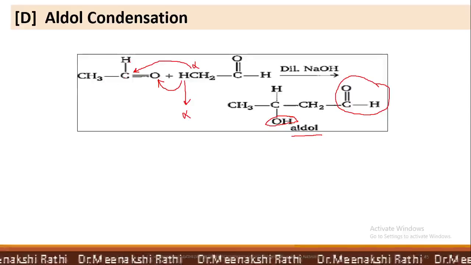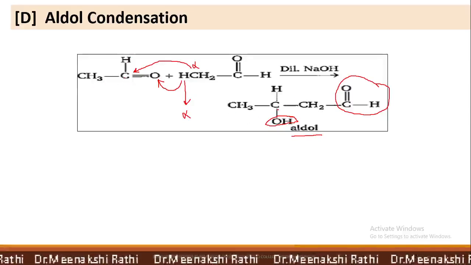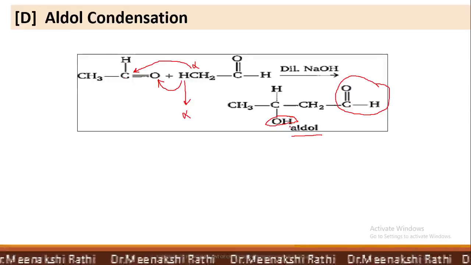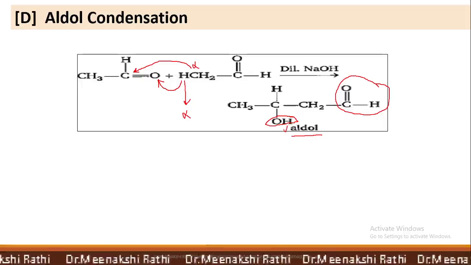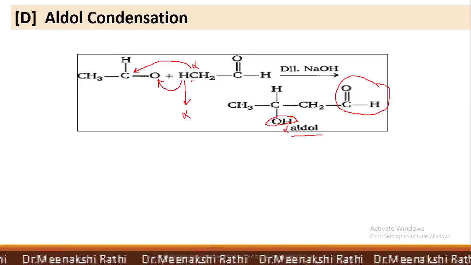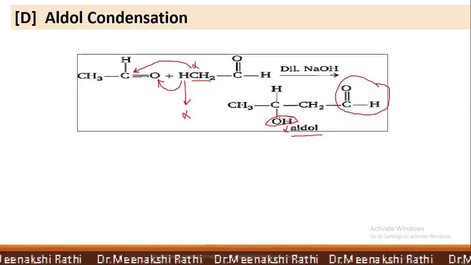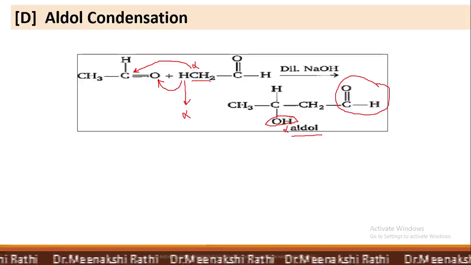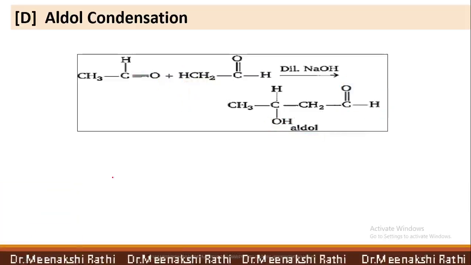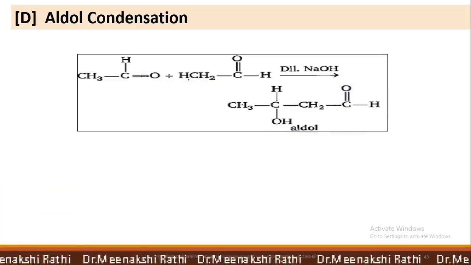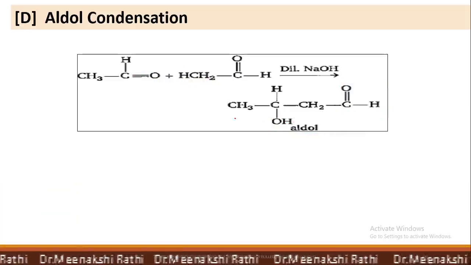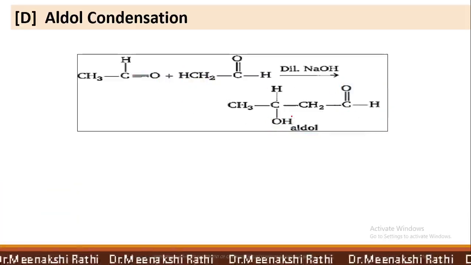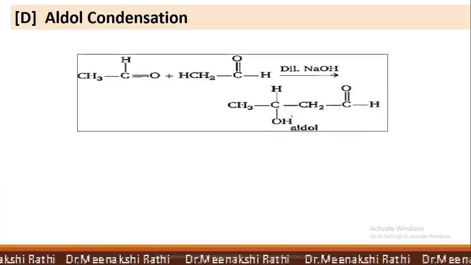CH3, CH, oxygen we will take down, O. To this oxygen, the alpha hydrogen atom is attached from this molecule. So it will get converted into OH and the alpha carbon atom of this will attach to this carbon. So we will get beta hydroxybutyraldehyde, or aldol.